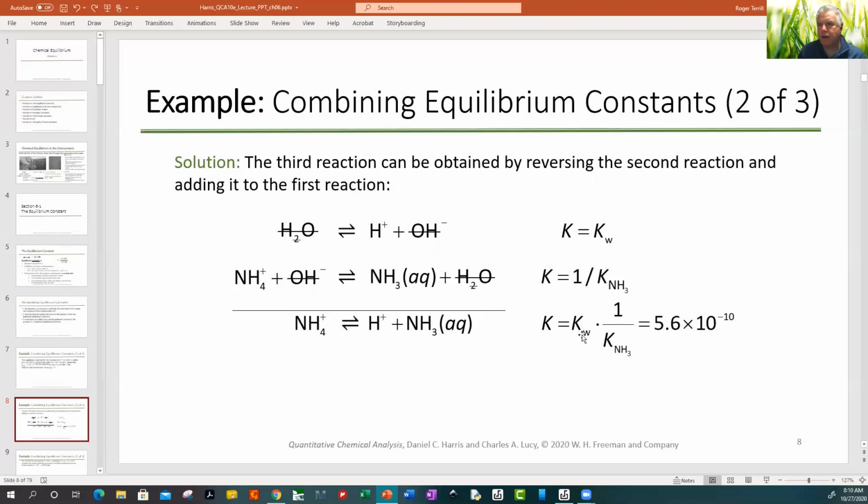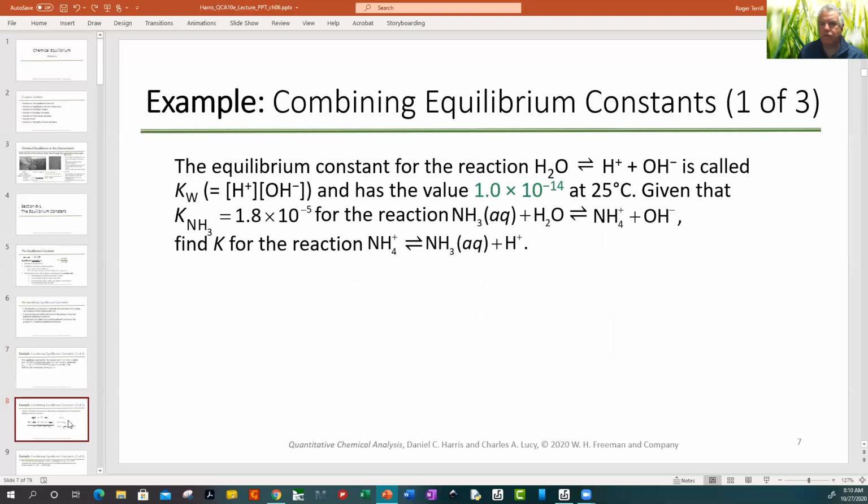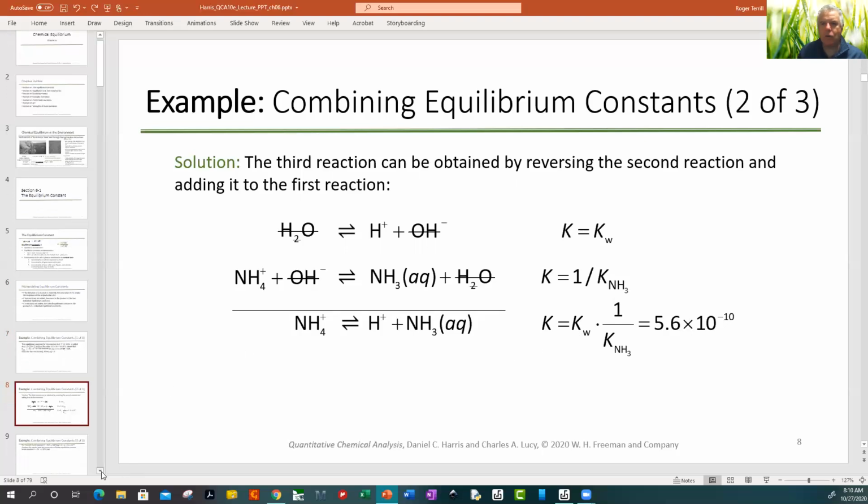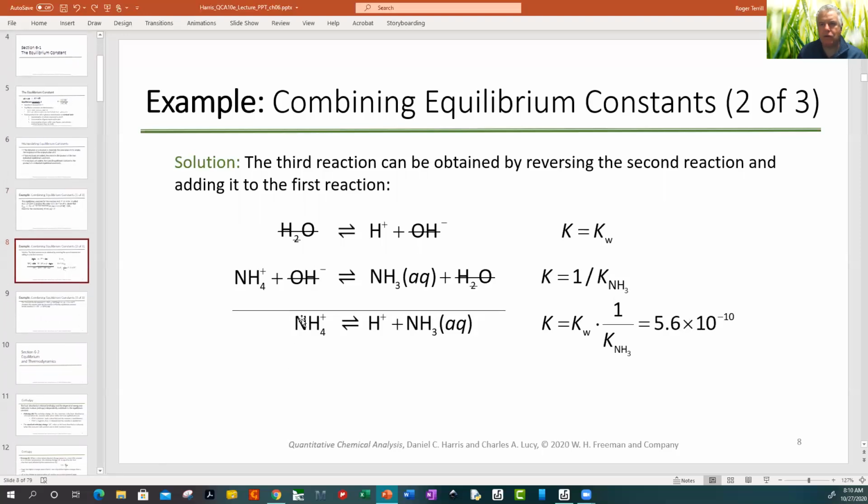And you can just plug in the values, 10 to the minus 14th times, I forget what that one is, 10 to the minus 5, and you get 10 to the minus 10, right? So that is how one goes about combining these equations.